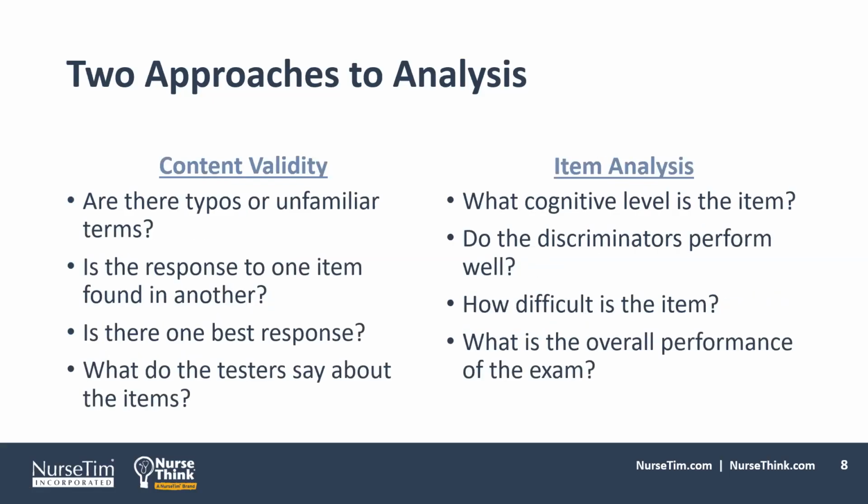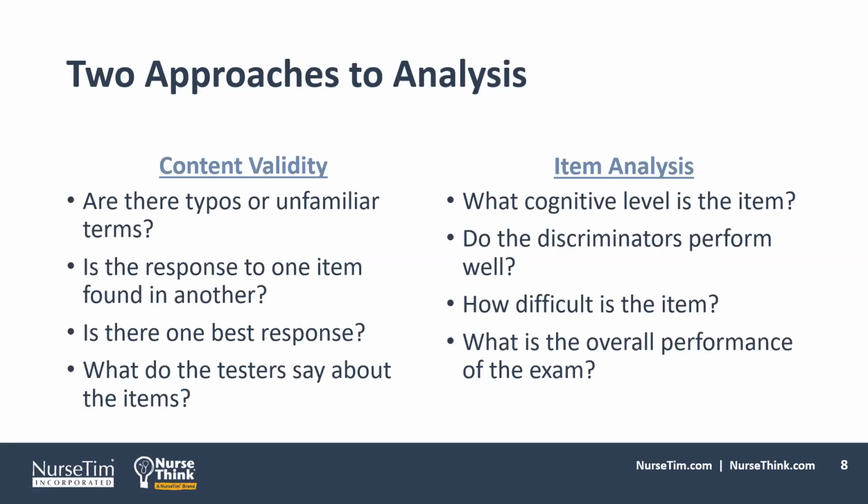So, like I mentioned, for content validity, look for typos, look for unfamiliar terms, look for item bias, look for whether one response to an item is found in another response, and that can create some confusion in the test takers. Is there clearly one best response, or are there a couple of options that truly are both correct? And what do testers say about that item?